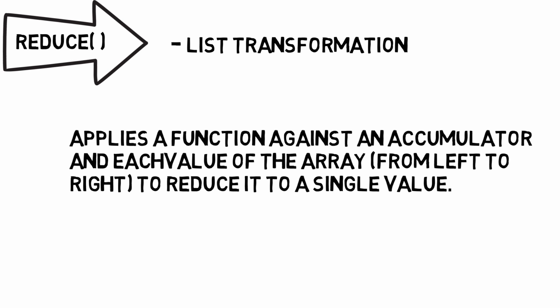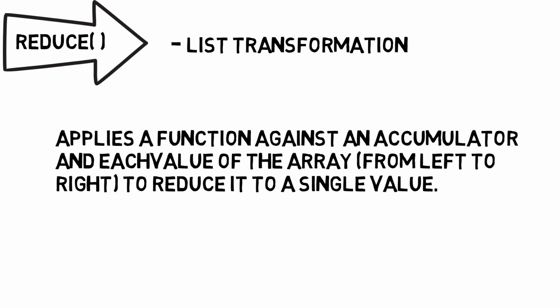The reduce method applies a function against an accumulator and each value from the array, from left to right, to reduce it to a single value. The reduce method executes a provided function for each value of the array. The return value of the function is stored in an accumulator.